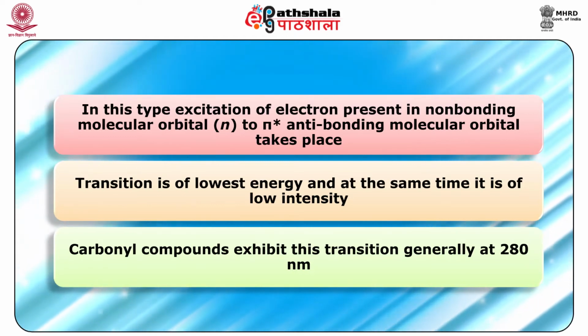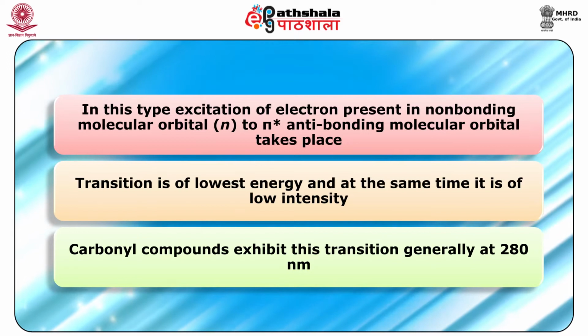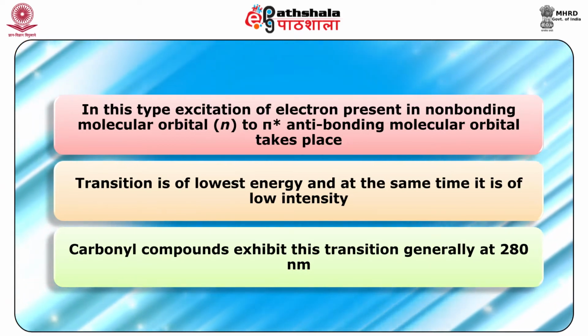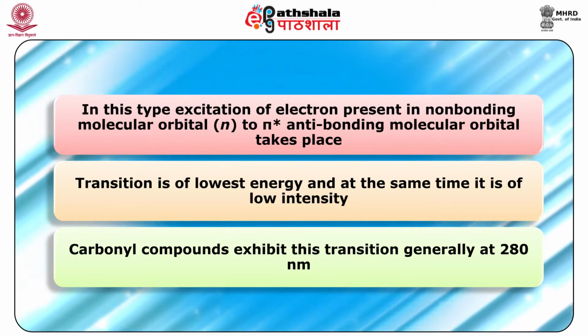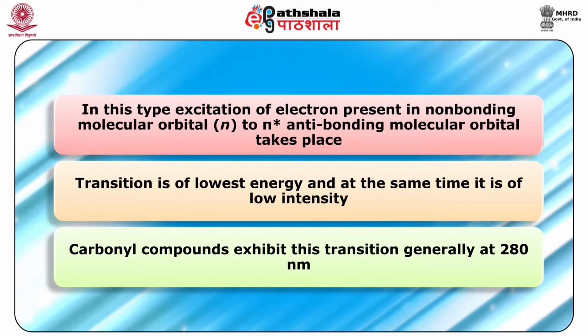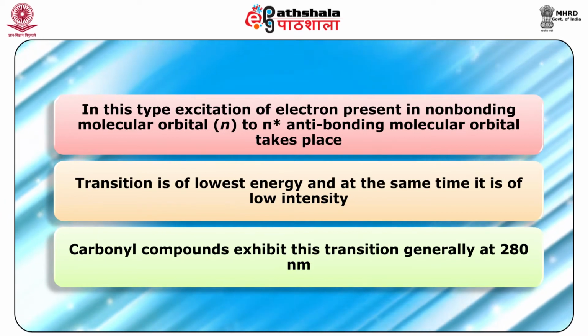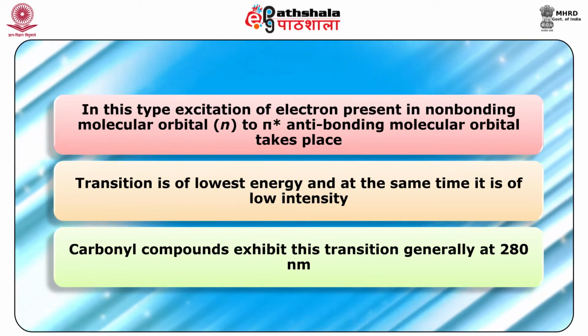As you know, the n orbital and pi orbital are not present in the same plane. An example of this is carbonyl compounds, which show this transition generally at 280 nanometer.